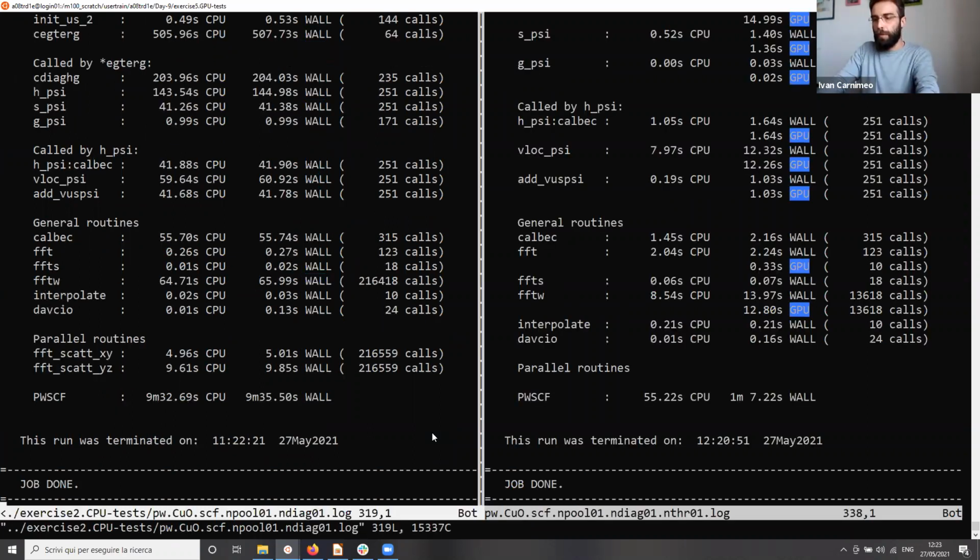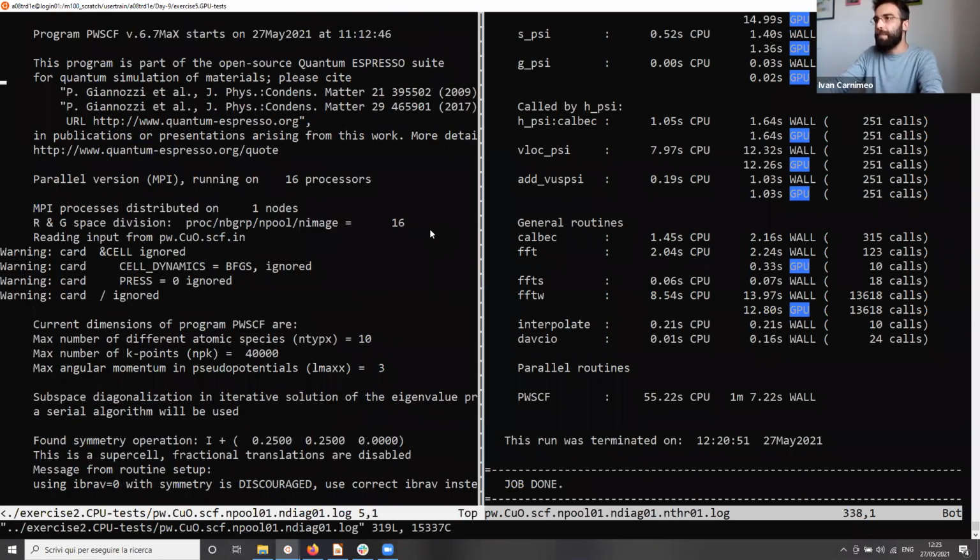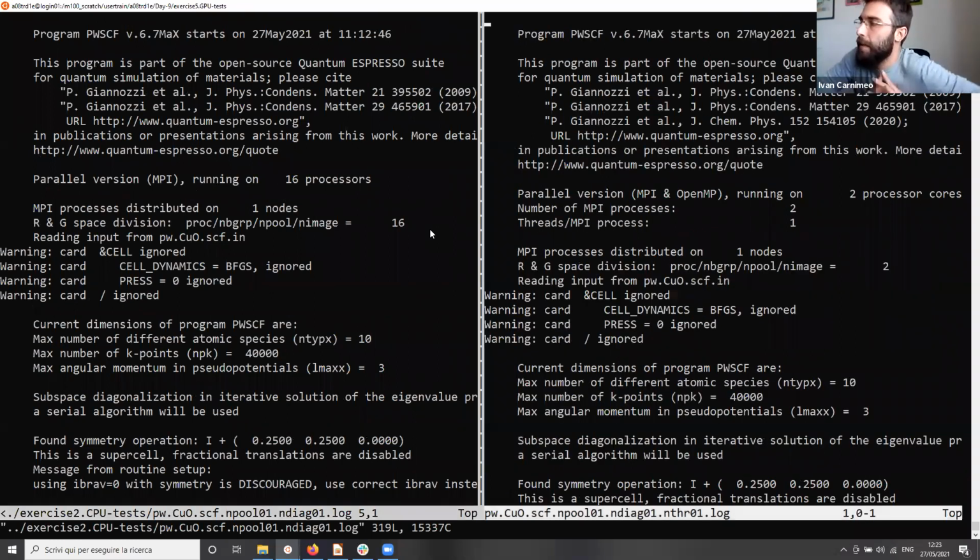Here we use 16 processors. Each of us has 16 processors because this is the amount of resources that we asked for in the job shell. But we are not using all of them because we are bounded by the number of GPUs.